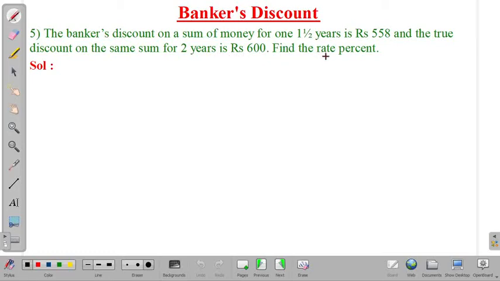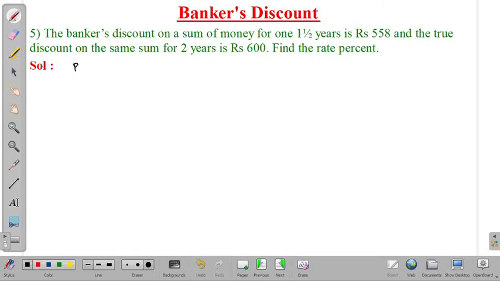So we need to find the rate percent. Okay, so what you have to do is take the same time. Either you make it 1.5 years and find the true discount for 1.5 years, or you find the banker's discount for 2 years. For 1.5 years it is 558, so for 2 years you can calculate easily.